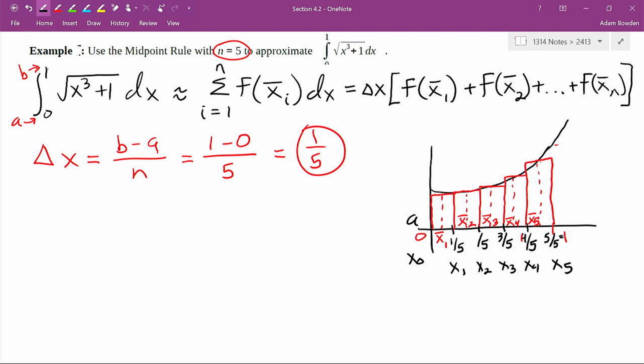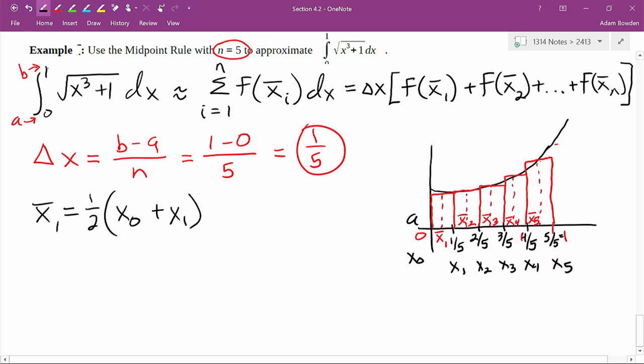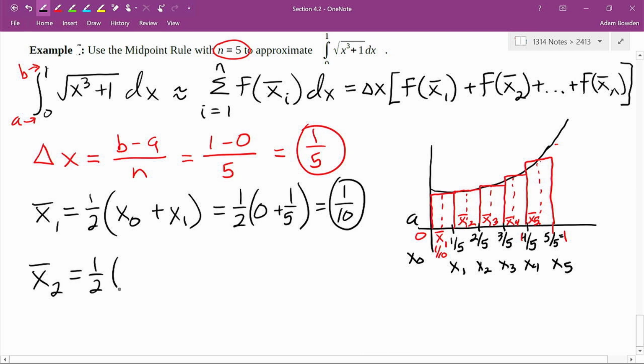So what I'd like to know is what are the numbers for each of those locations all along in the middle. So it gives us basically a formula for doing that. x̄1 is going to be equal to 1/2 of x0 plus x1, and that's going to be equal to 1/2 times 0 plus 1/5, or 1/10. So that x̄1 in the middle is 1/10 basically. And we'll do that for the rest of them here. x̄2 would be equal to 1/2 of 1/5 plus 2/5.